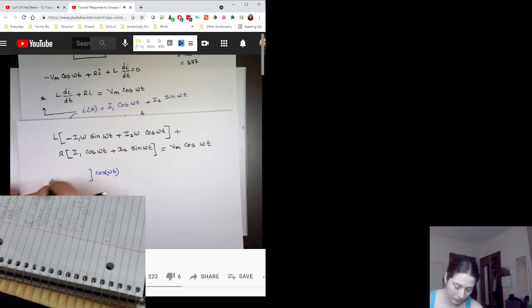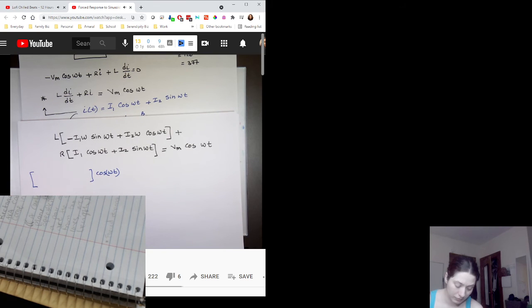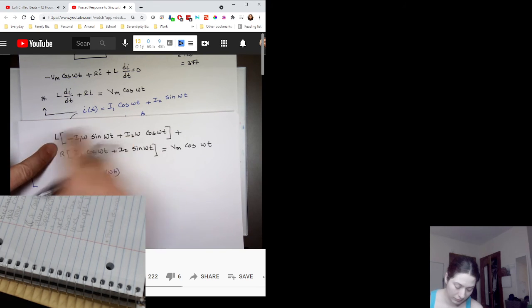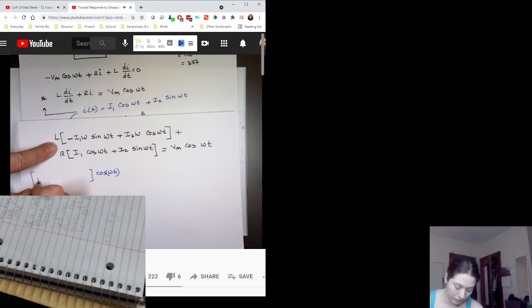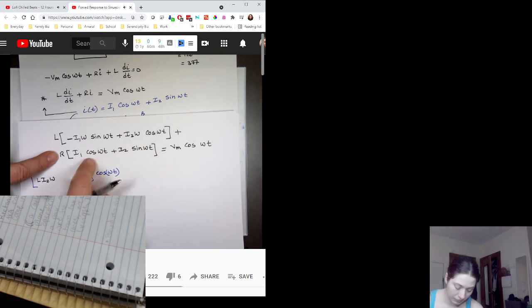Now I can break it down to two parts. I'll take one part with the cosine of Wt, and in it I should be able to put this piece, L times I2 W, plus R times I sub 1.